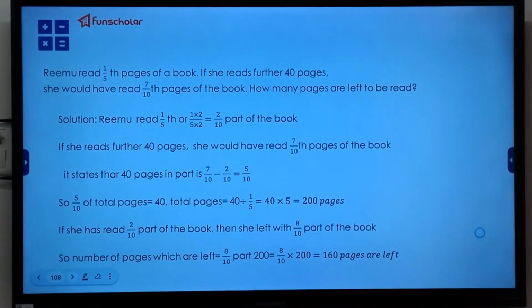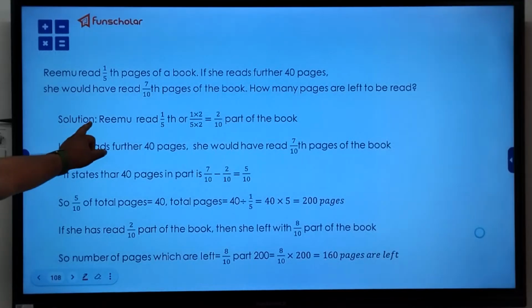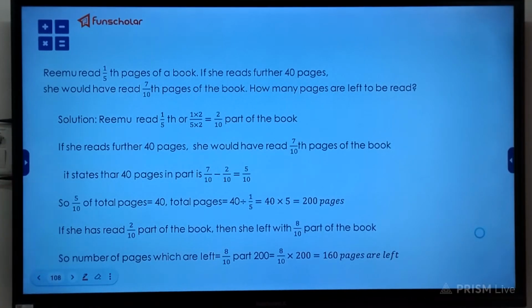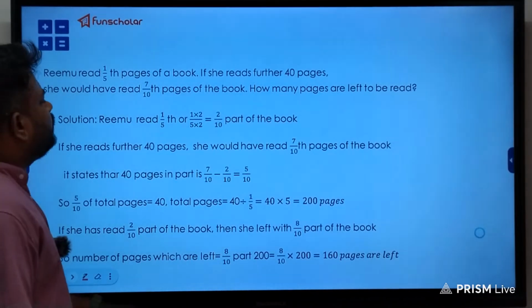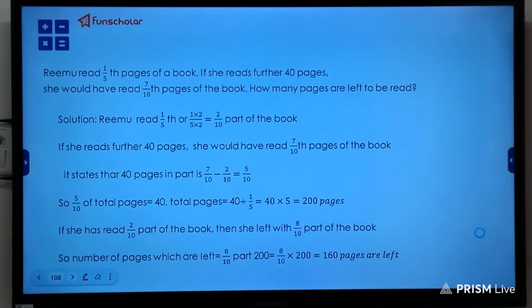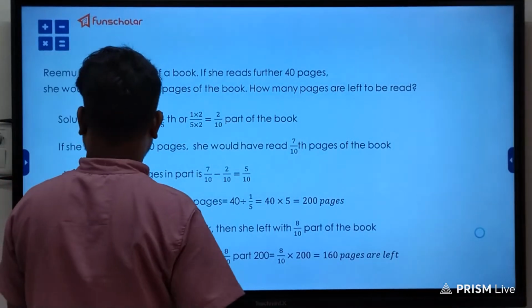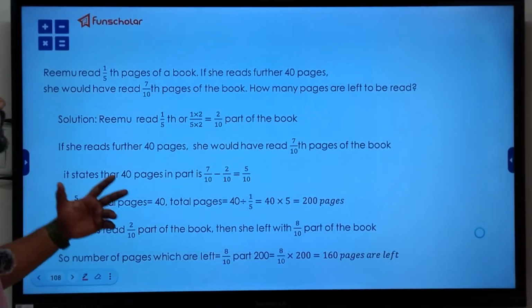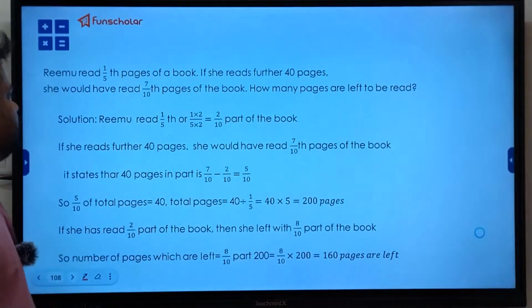Try to solve this in this way. Rimu read 1/5 of the book, or 1/5 into 2/2, which equals 2/10 part of the book. If she reads a further 40 pages, she would have read 7/10 of the book.